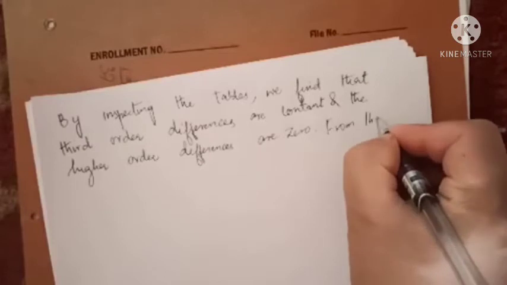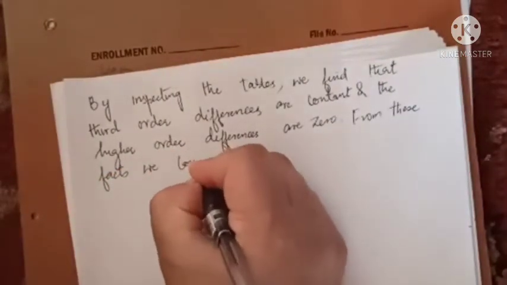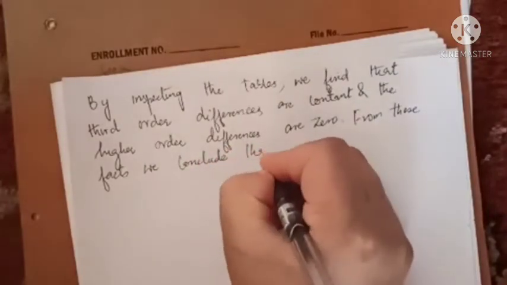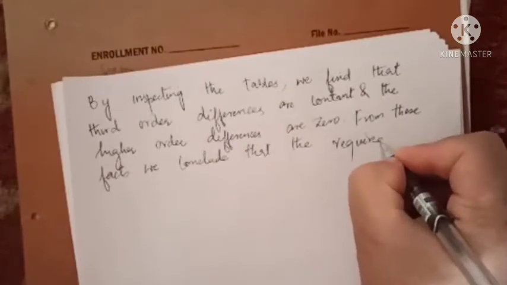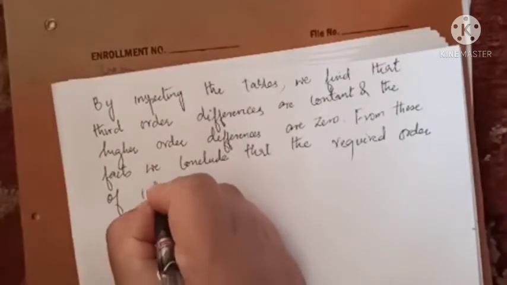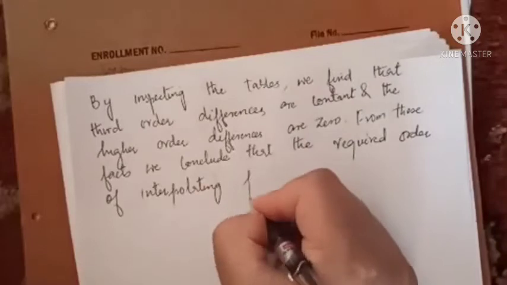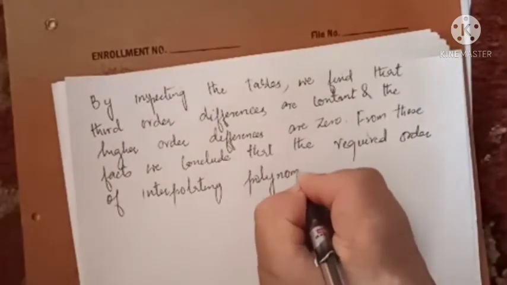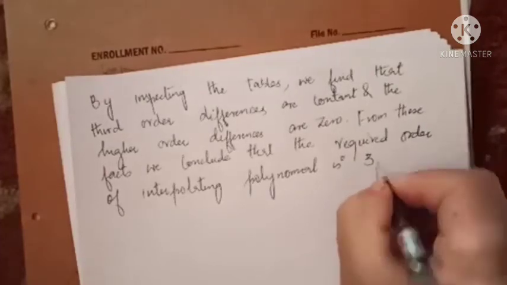So from these facts we conclude that the required order of interpolating polynomial is 3. Okay. So this was one of the questions.